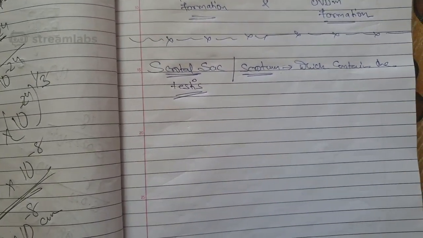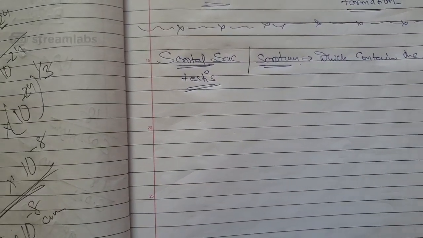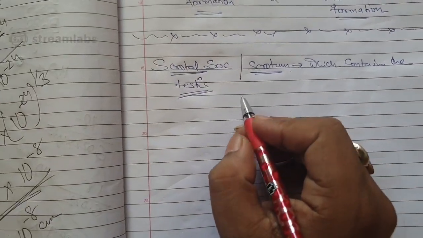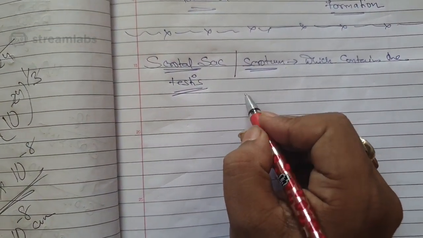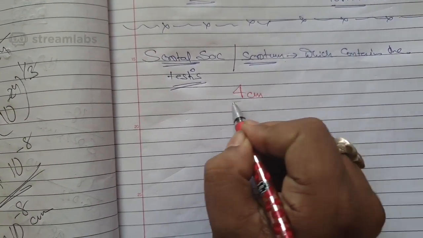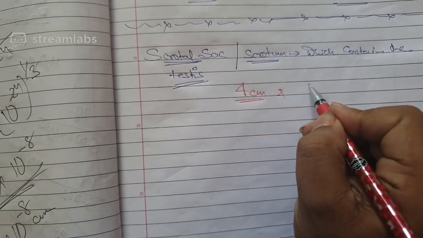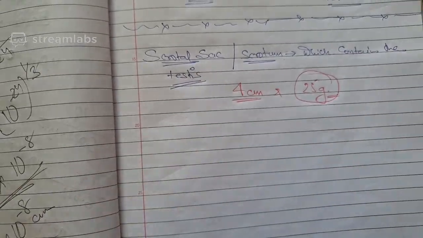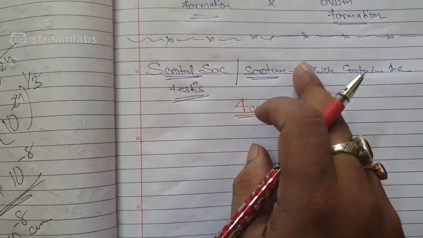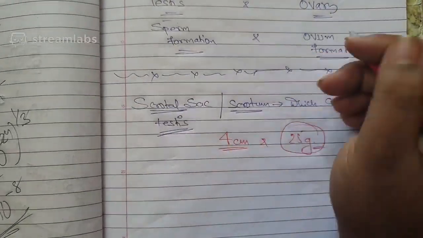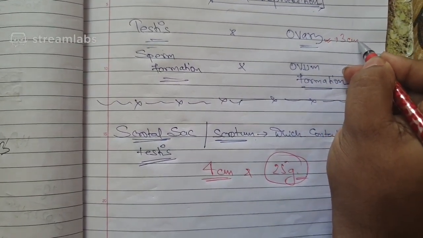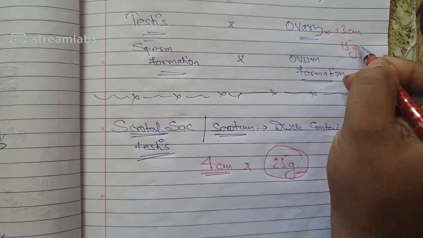Testis is inside the scrotum sac or the scrotal sac. Now, each of our testis is of the size 4 centimeter long and 25 gram in mass. Okay, the weight of the testis is 25 gram. However, the ovary is 3 centimeter and 15 gram.